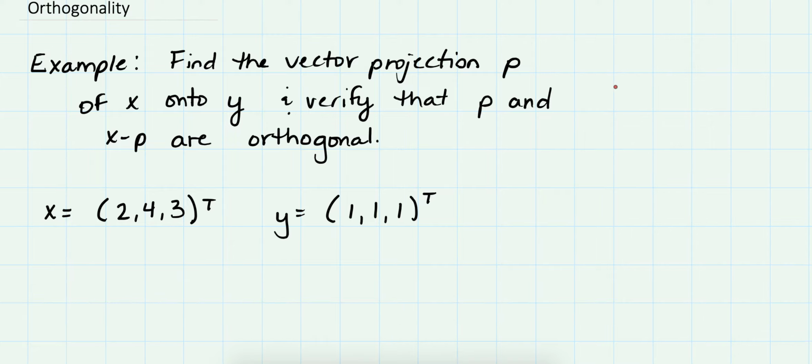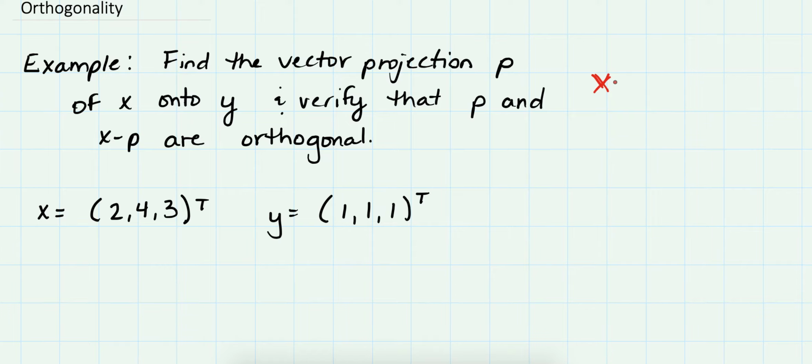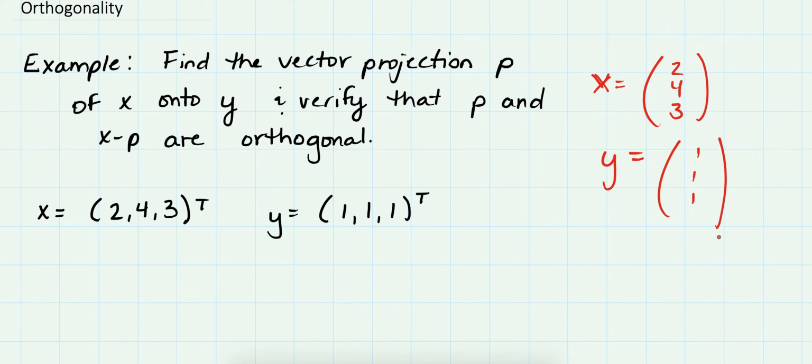X is 2, 4, 3, and y is 1, 1, 1. And I don't tell you what the angle between the two vectors is. So we're going to use, for the vector projection, this x transpose y over y transpose y times y.